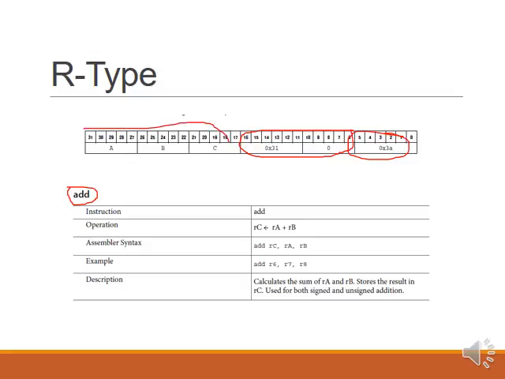And there are three registers, register A, B, and C. Register A and B are the registers whose values will be added together and then stored in register C. Because the values are computed from registers and then stored into a register, this is called an R type instruction, register to register.